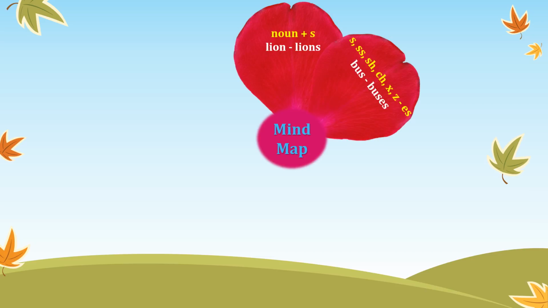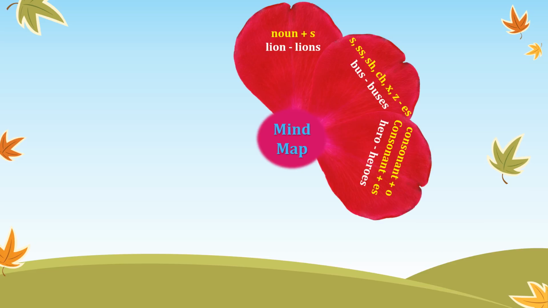If your noun is ending with s, ss, sh, ch, x or z, any one of these, then we will not only add s in the end, we will add es. For example, bus will become buses. Rule number 3 says, if your noun is ending with o, just check, do we have a consonant before o? If yes, then your noun will become plural by adding es.